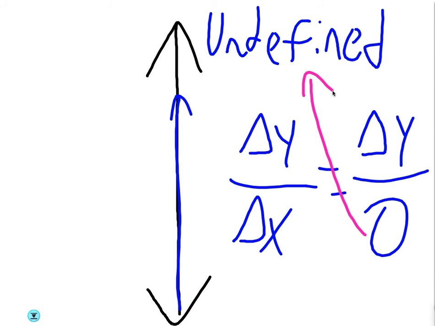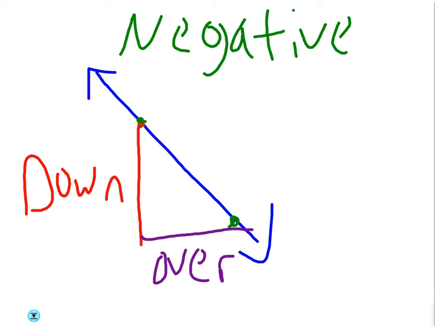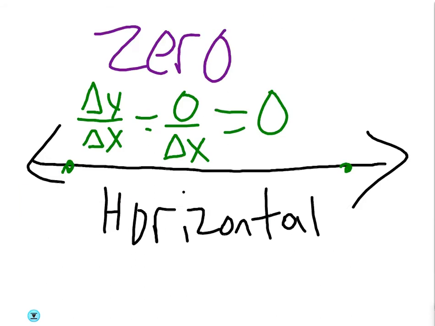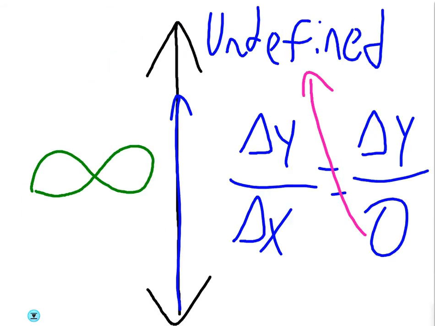Okay, I have seen it written this way. Everybody knows what that symbol means: infinite slope, and that's true. I'm not going to argue with that, so we could either say infinite or undefined. But those are the 4 kinds of slopes. Just to refresh, we got positive, we got negative, we got 0, and we got undefined or infinite slope.